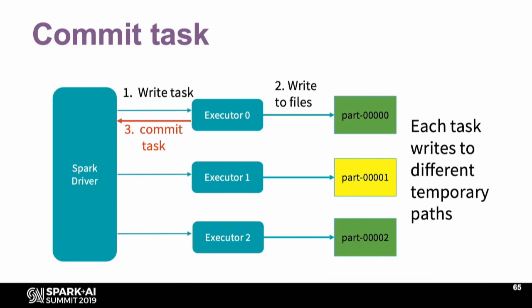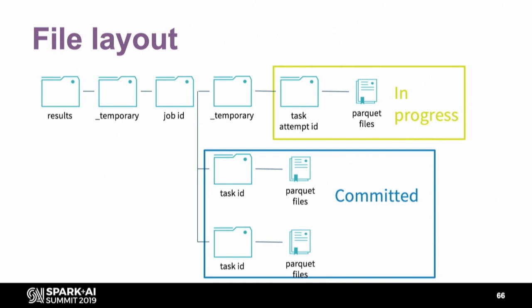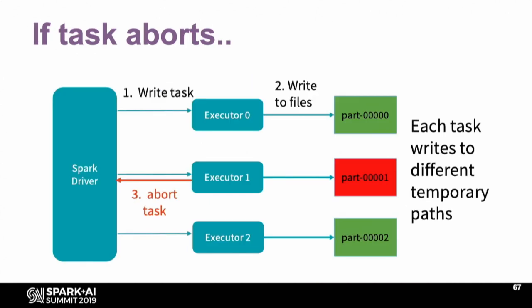If a task succeeds, it will be committed. We can see that the output of the committed tasks is moved under the directory of the job ID, and the task in progress remains temporary. Here is what happens when a task aborts.